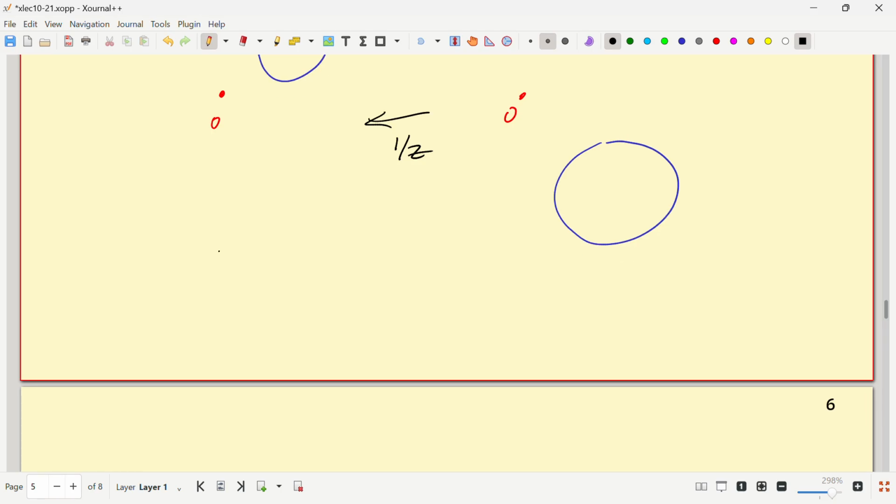And the other possibility is you could have the origin in the circle. Then you'd have something like this, and that would map to something like, I should make it a different size maybe.